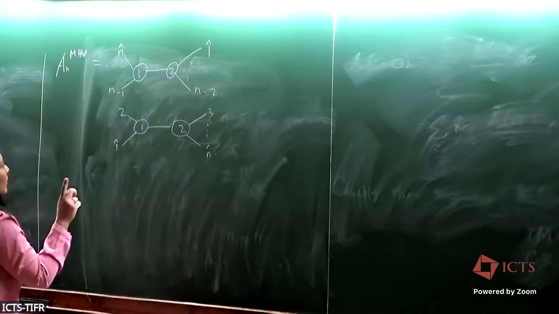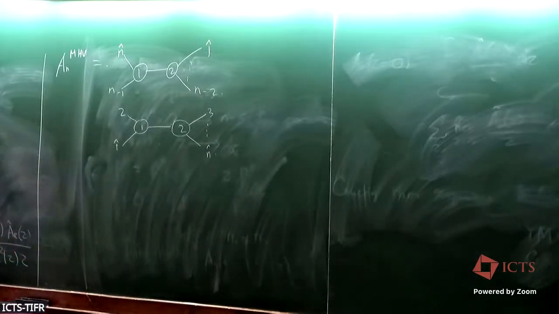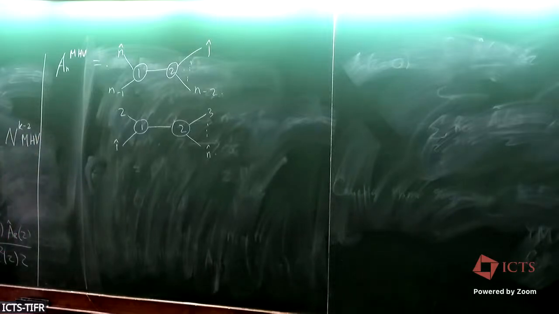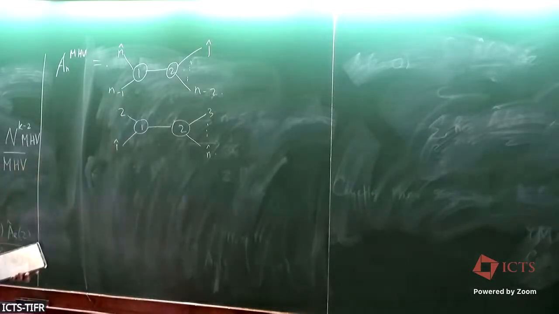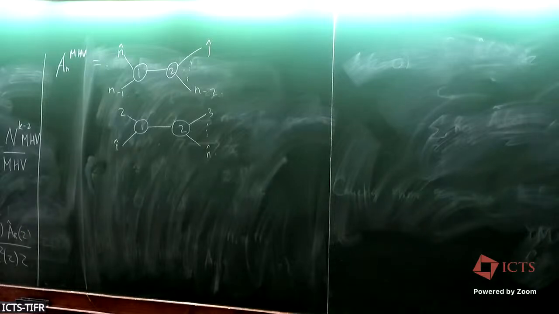But, okay, maybe before that I should say that when I say k equals n minus 2, that's MHV, and the other is anti-MHV. So you might think naively that both of these are good, that both of these are terms in your BCFW expansion.